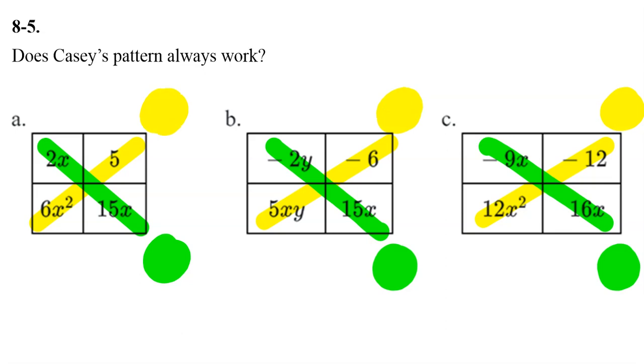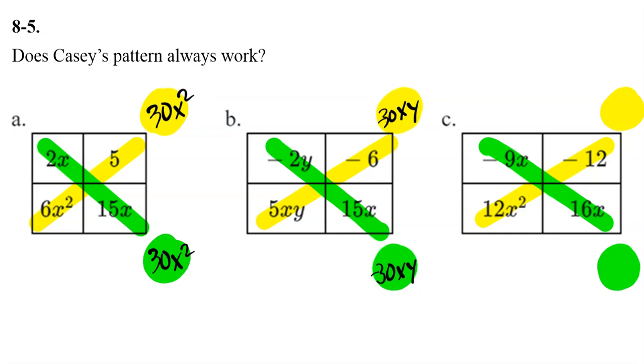So we already know that this is 6 times 5, so this is 30x squared. And this is also 30x squared. And then here we have an x and a y in each of these. X times y is xy. 15 times negative 2, well, that's negative 30. And 5 times negative 6 is negative 30.